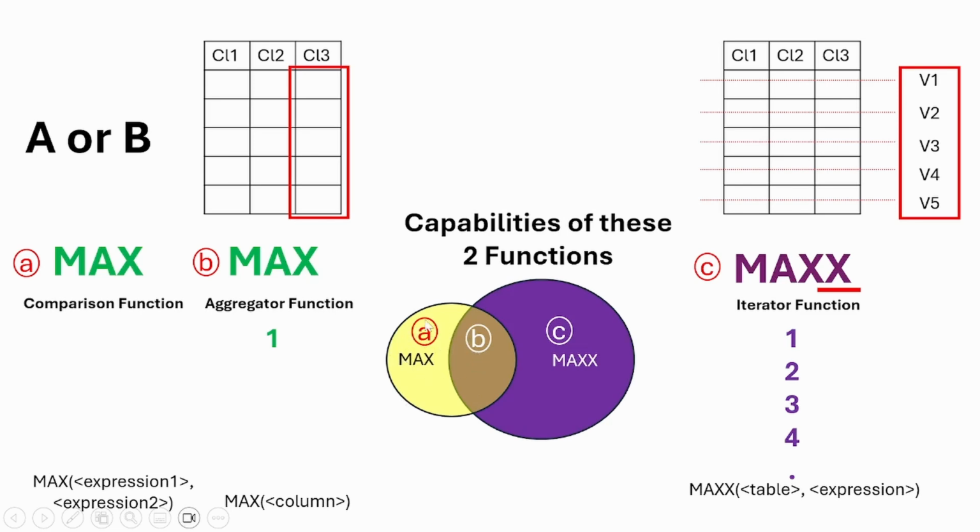Just remember, there is this small portion of comparison where we have to compare between two values, for instance, which is the maximum between 5 and 6. MAXX cannot do this kind of comparison, but it can iterate in each row and do much more than MAX and MIN let you do.